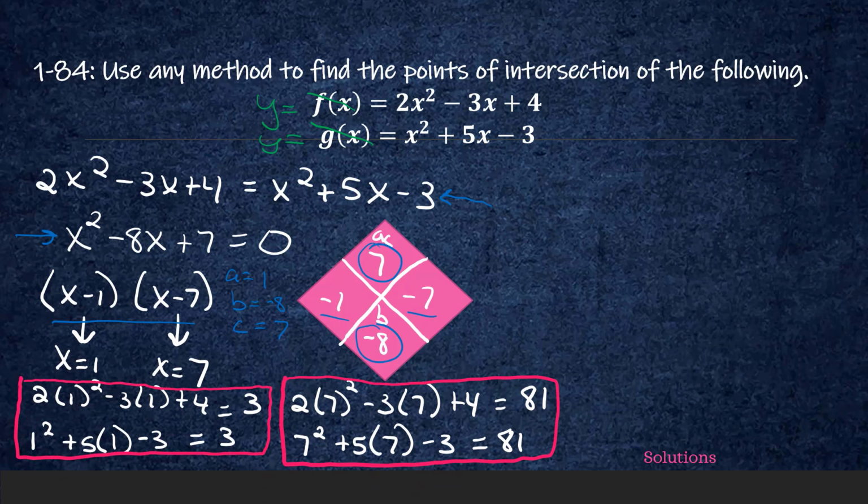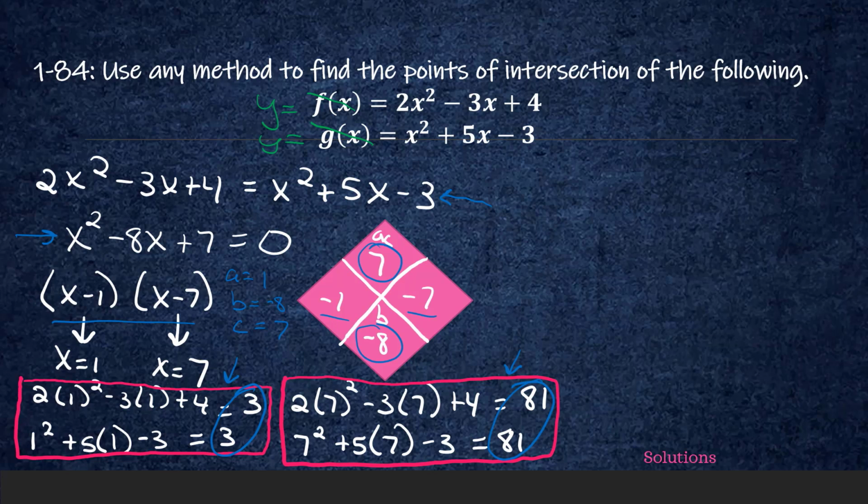Then what I did next is I plugged the 1 into both equations, which solved for a 3. So one of my points is 1, 3. Then I plugged 7 into both of these equations, and I got 81.